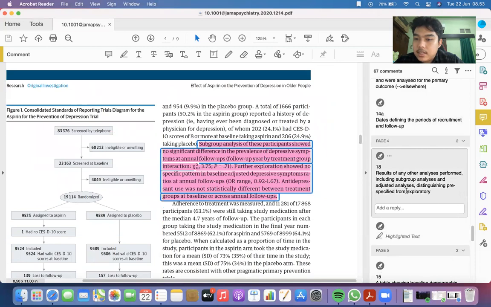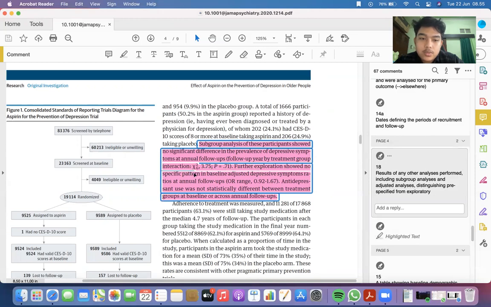For point 18, results of any other analysis performed, including subgroup analysis and adjusted analysis, distinguishing pre-specified from exploratory. Subgroup analysis of these participants showed no significant difference in the prevalence of depressive symptoms at annual follow-ups, follow-up year by treatment group interaction.